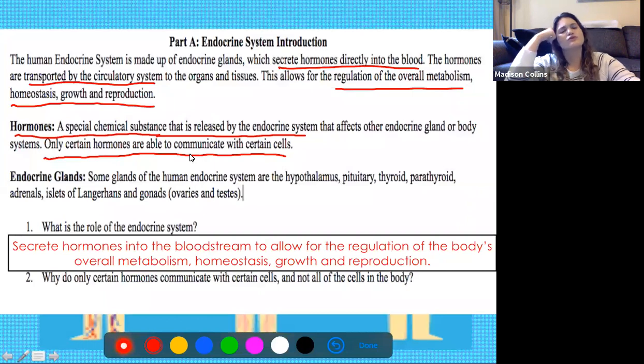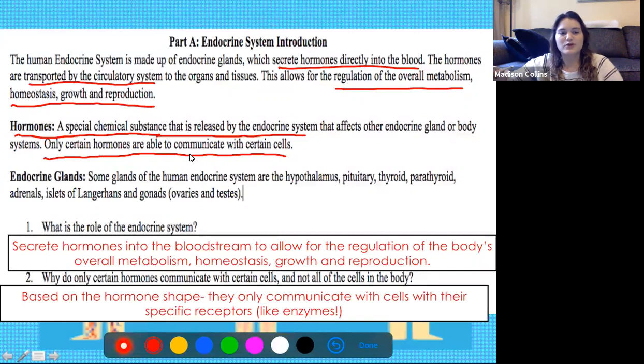But number two, why do only certain hormones communicate with certain cells and not every cell in your body? Well, if you think way back to Unit 2, we talked about something called enzymes. And those enzymes are specific for receptors based on shape. Remember, we talked about the lock and key theory. And these hormones actually work the same way. So hormones are going to communicate with cells based on the hormone and receptor shape.